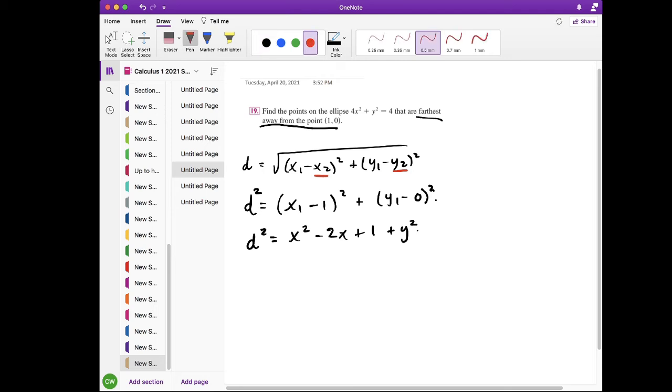All right, well, notice that this is our equation of the ellipse, but we don't have to solve for y.